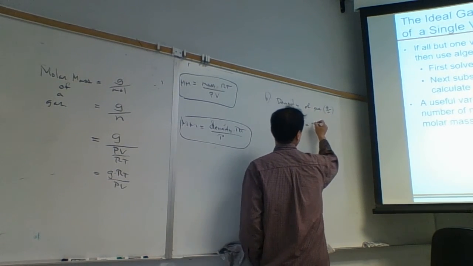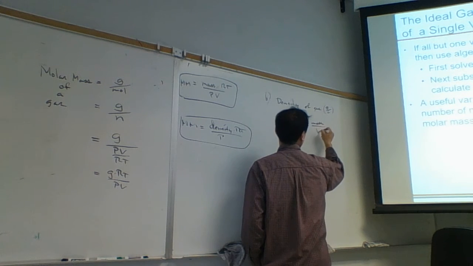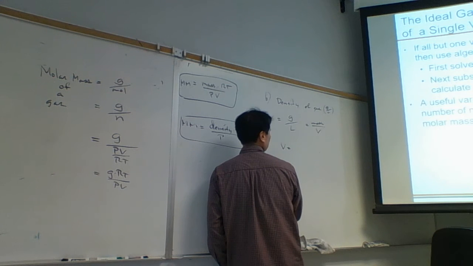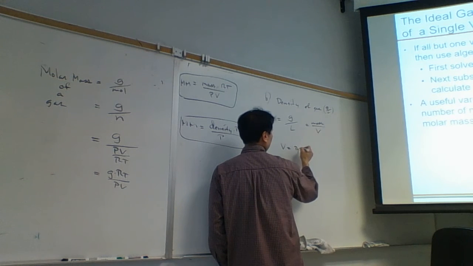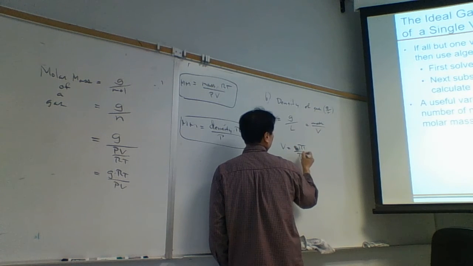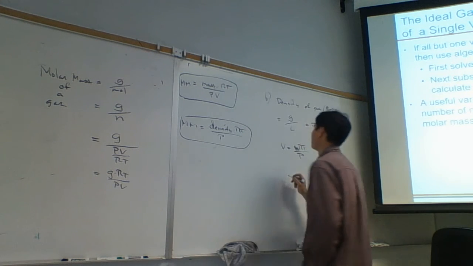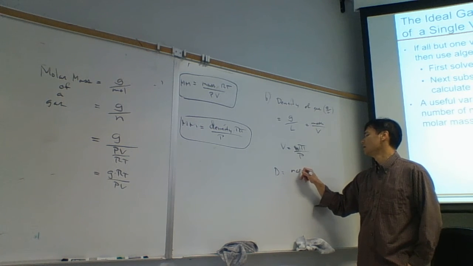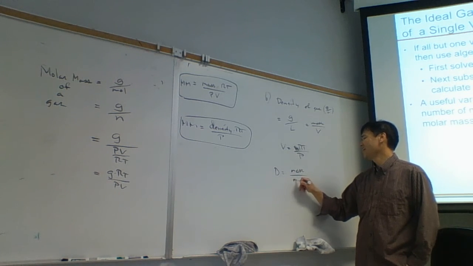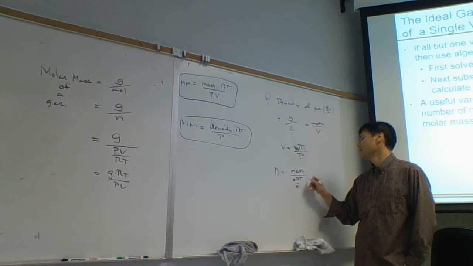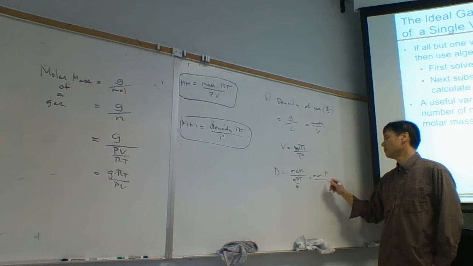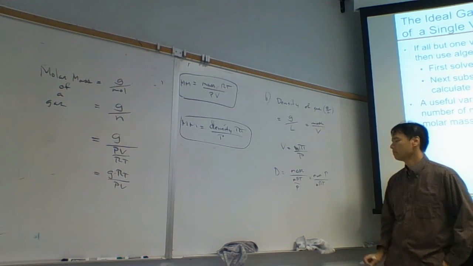In other words, this is mass over volume. Well, we know what volume is. Volume is equal to nRT over P. And so what we'll do is substitute that in here. So the density is equal to the mass divided by nRT over P, which gives us the mass times the pressure divided by nRT.